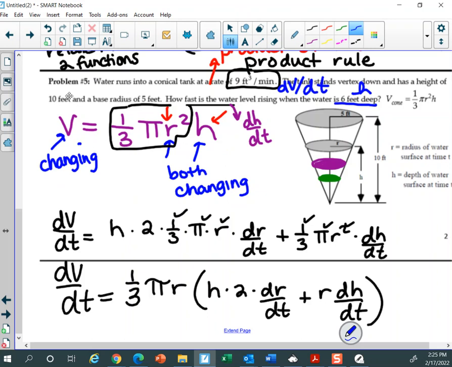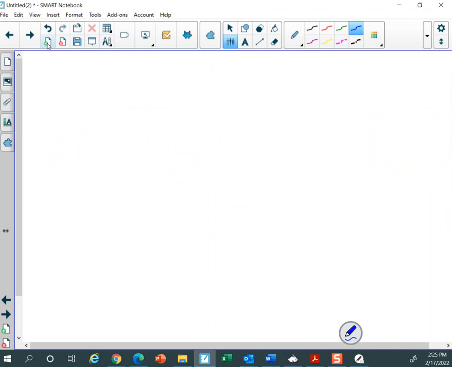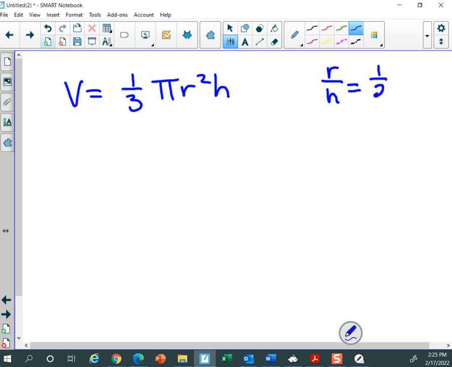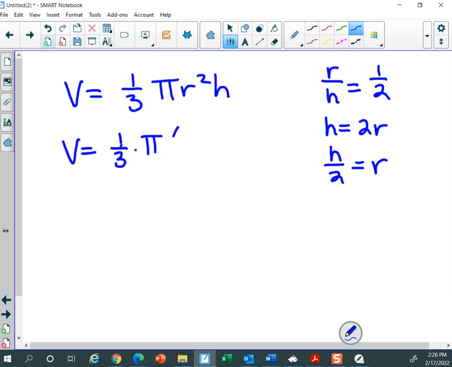So my choice, because of what the problem was asking, is I'm going to take my V equals 1/3 pi r squared h. Okay, I'm going to take the fact that r over h was 1 over 2, or h equals 2r, or h over 2 equals r, and I'm going to rewrite my function like this.